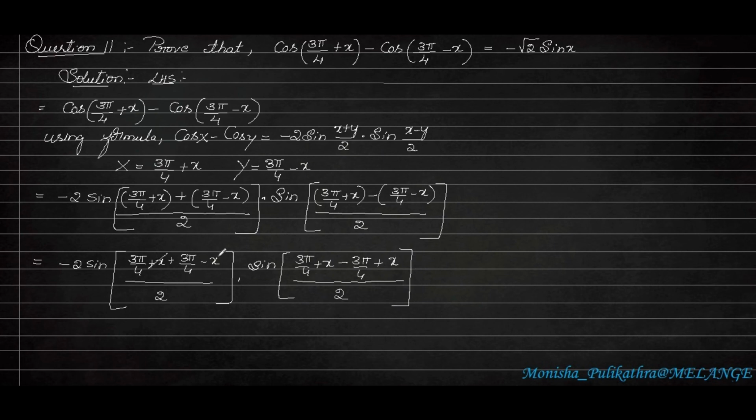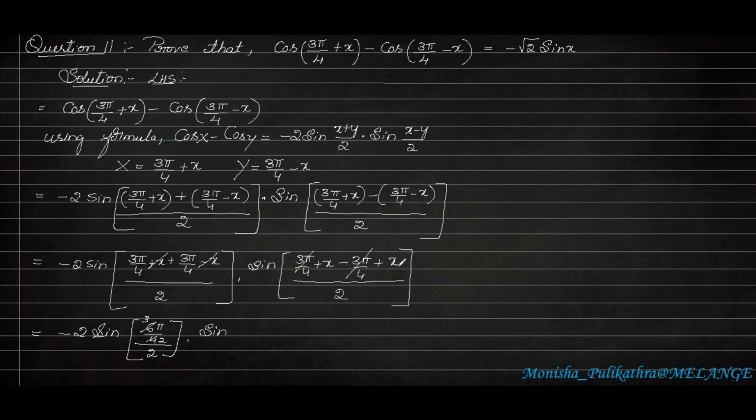Here plus x and minus x cancel. Here plus 3 pi by 4 and minus 3 pi by 4 are not the same, so 3 pi by 4 plus 3 pi by 4 will become 6 pi by 4, whole divided by 2. Here 2 threes are 6 and 2 twos are 4. This much simplification you can do.